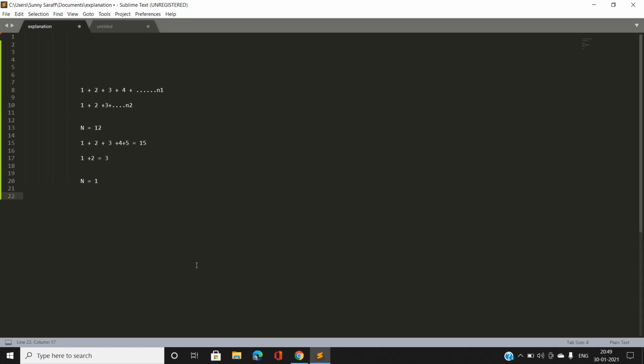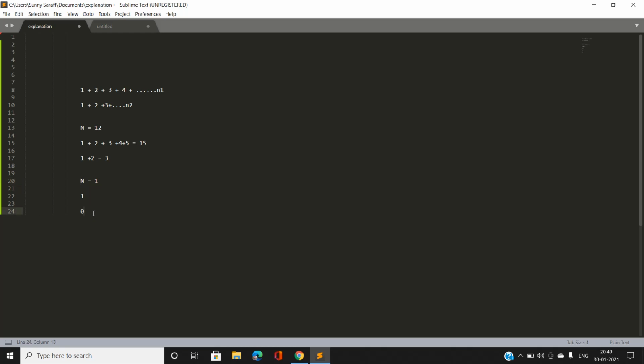Here n1 ends at 1 and n2 ends at 0. You can easily see that when we subtract the first n2 numbers from the first n1 numbers, we can get an arithmetic progression having sum equal to capital N.